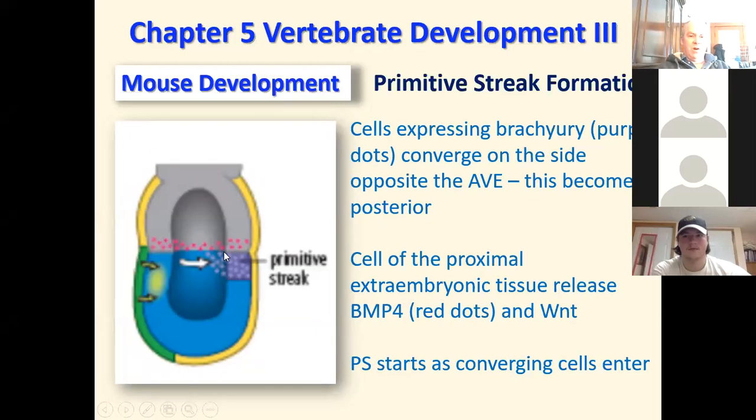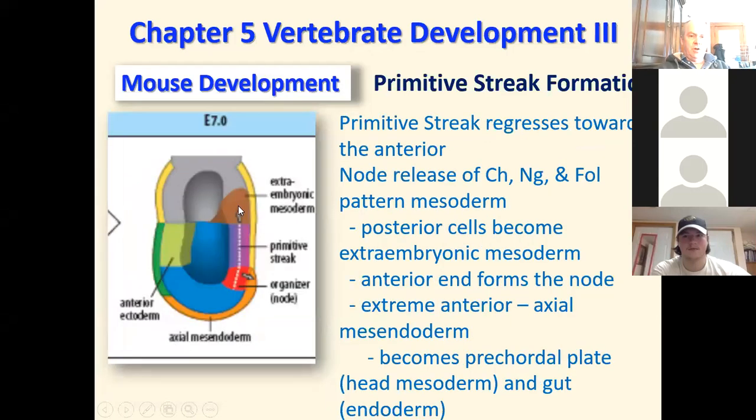Okay, so that's what causes the primitive streak to happen here. Those hormones are coming together and they're causing this mesenchymal movement out, and then that node would move from here, which is posterior, up towards the anterior pole over here. Okay, here it is here.